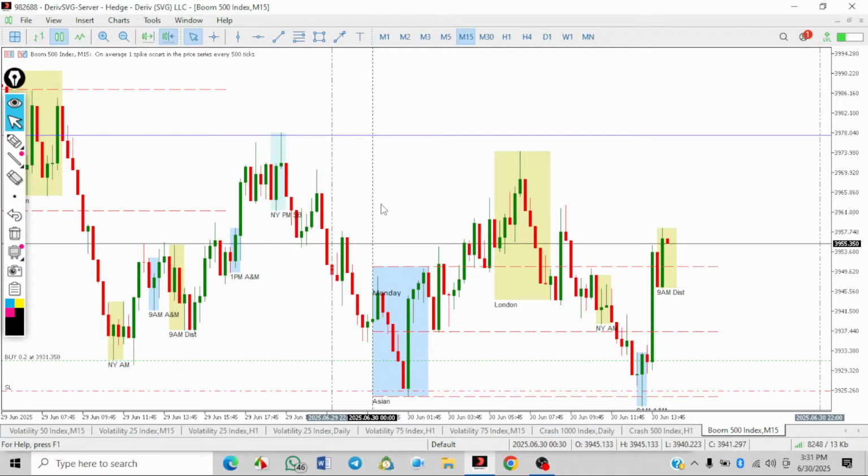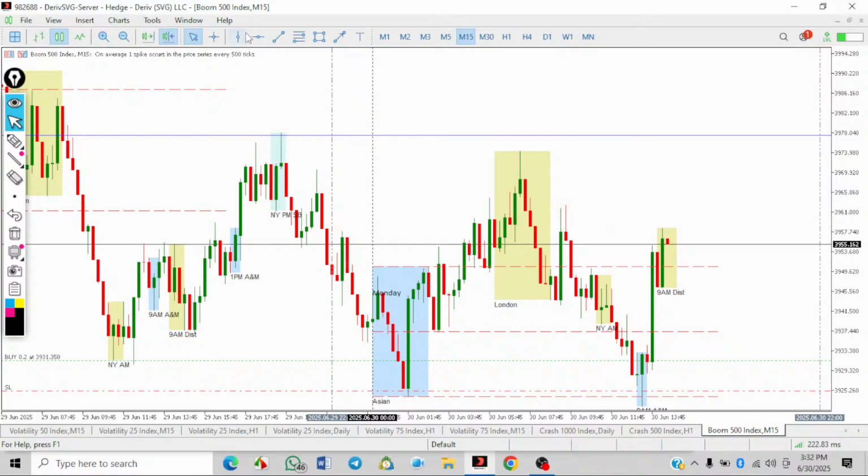So the silver bullet time is 3 to 4. That's your silver bullet time.